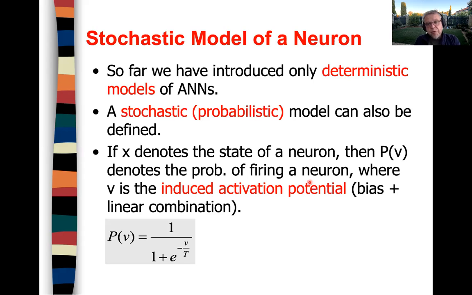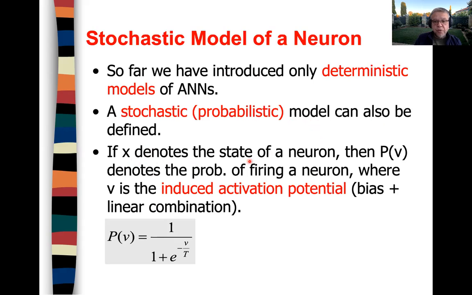You can also have a stochastic model of a neuron. So far we have introduced only deterministic models of artificial neural networks, meaning that the neuron has a deterministic activation function, but we can have a stochastic or probabilistic model. That's done this way.